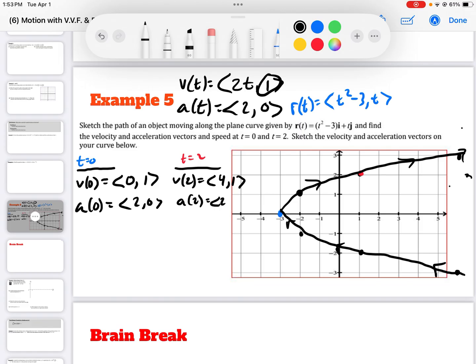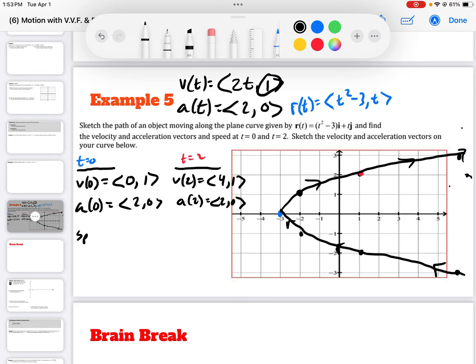And acceleration at 2 is also 2, 0. So what this is saying is the rate at which the y component went from 1 to 1 is constant, so it's not changing. That's why the y acceleration is 0. But the x component is 2, so it's going faster. The speed is increasing.